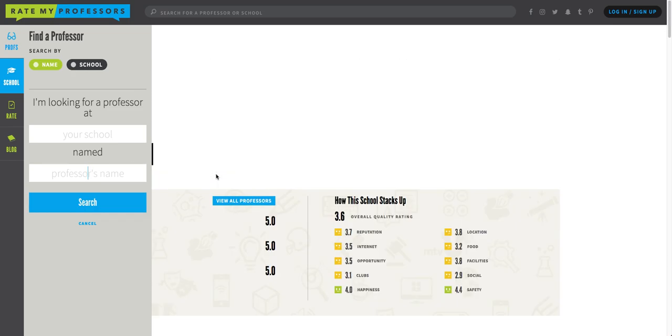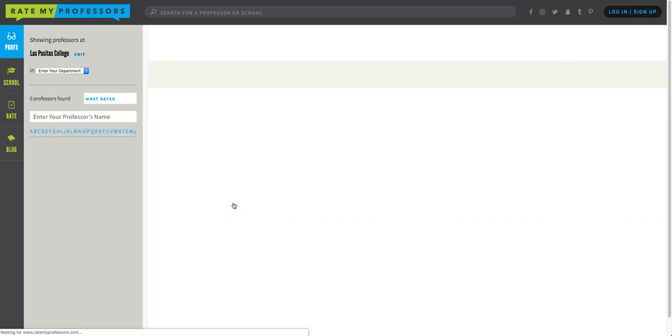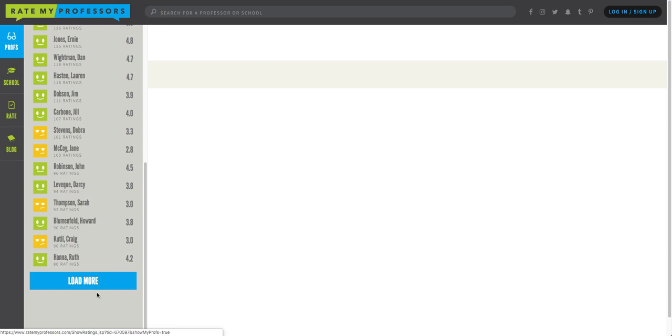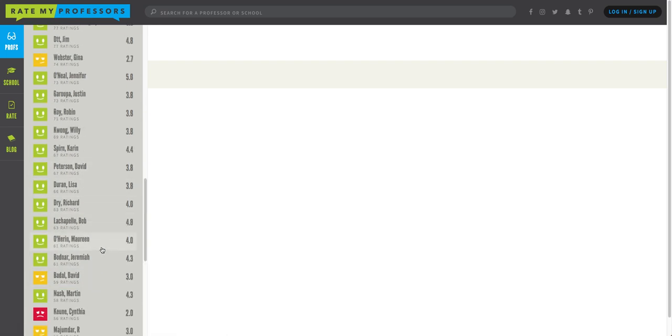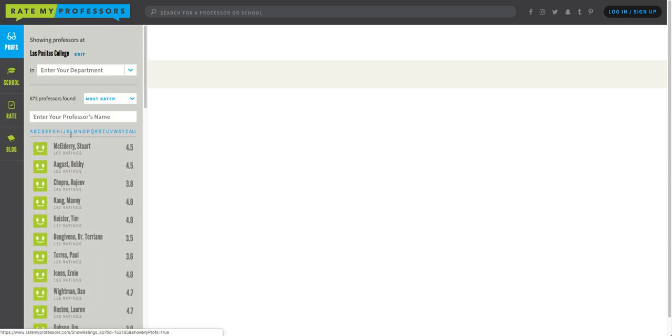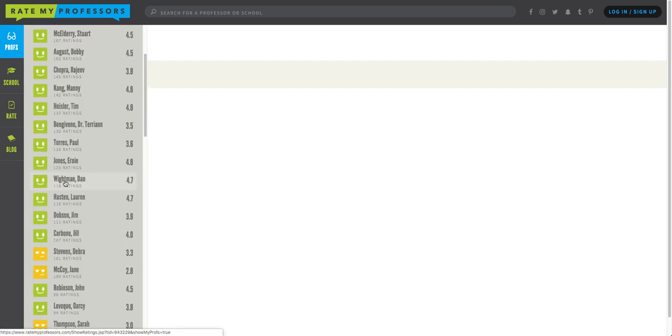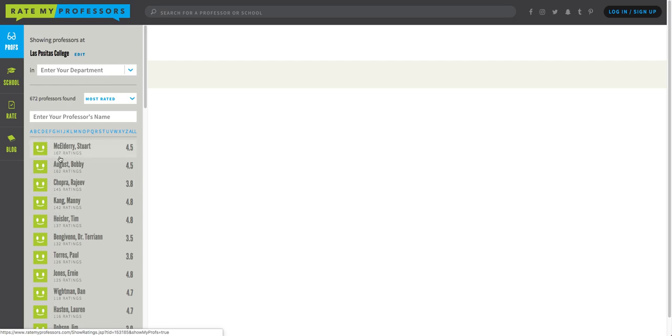But in this case, since I can't register for classes because I'm not attending the school anymore, I'm gonna go to view all professors. It shows you all the teachers at Las Positas College. These are all the professors, and it's done by the amount of ratings rather than the rating score.